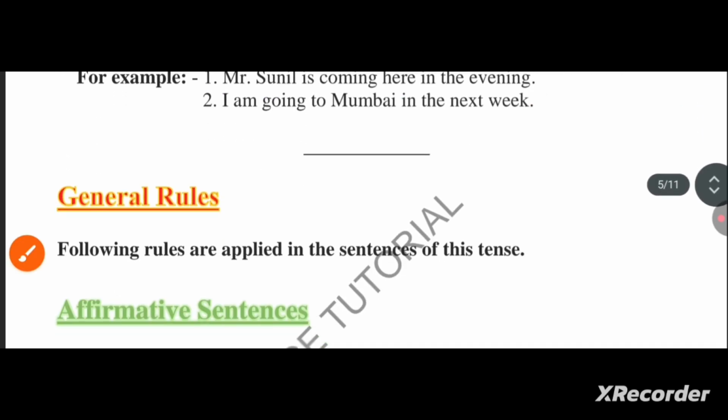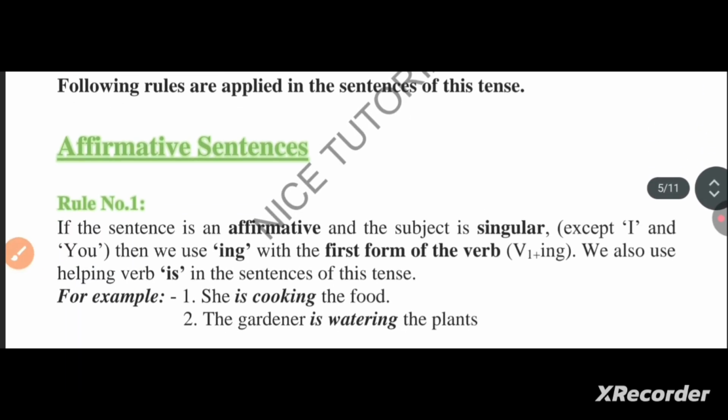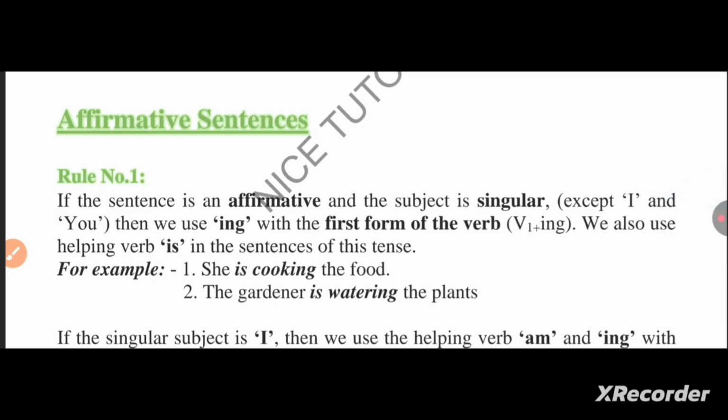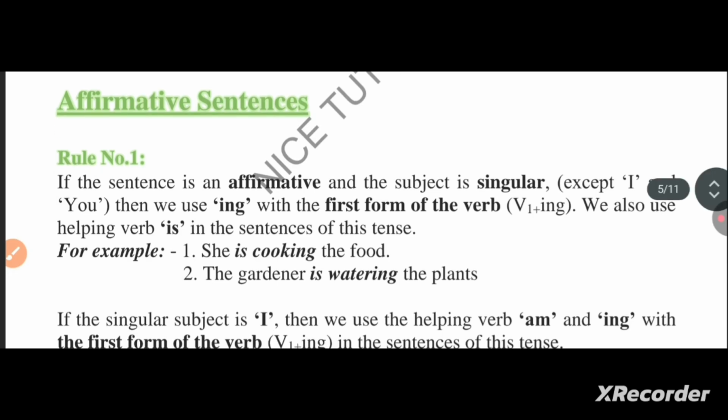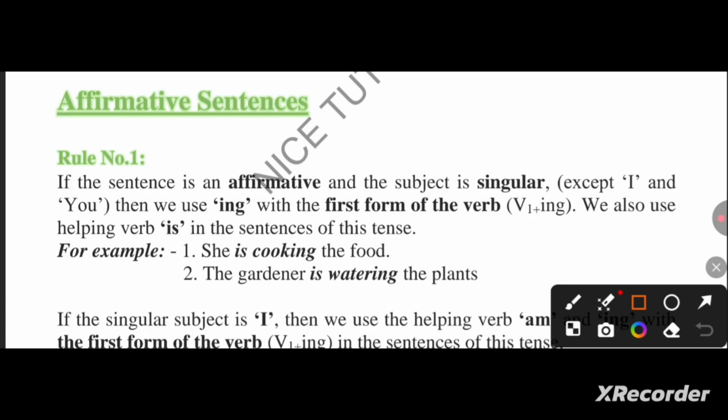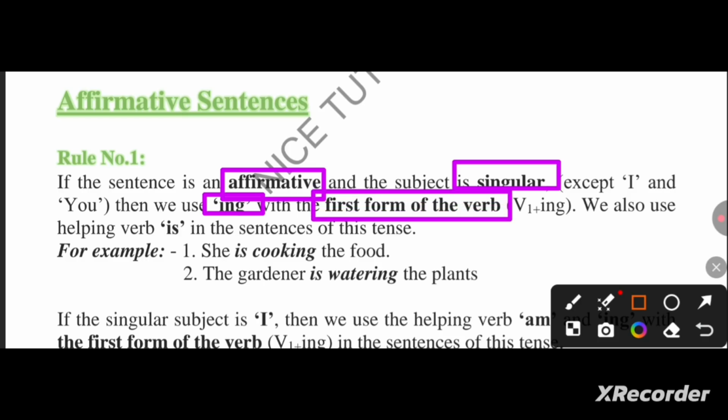Now, these are some of the general rules which we must keep in mind. If the sentence is an affirmative one and the subject is singular, except I and you, then we use ing with the first form of the verb.